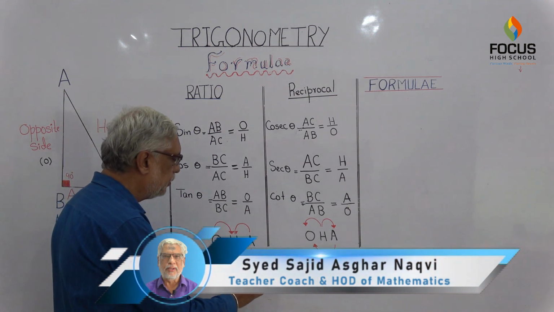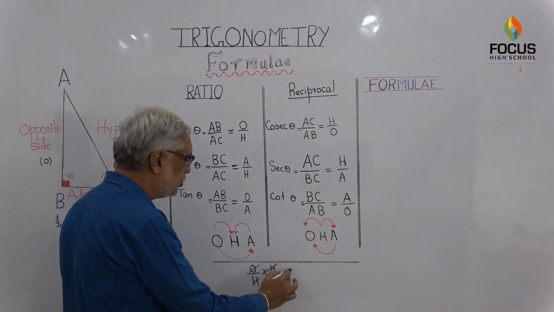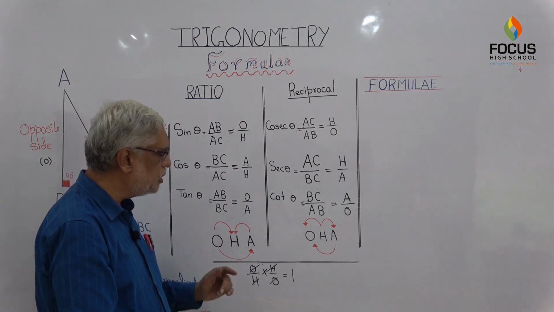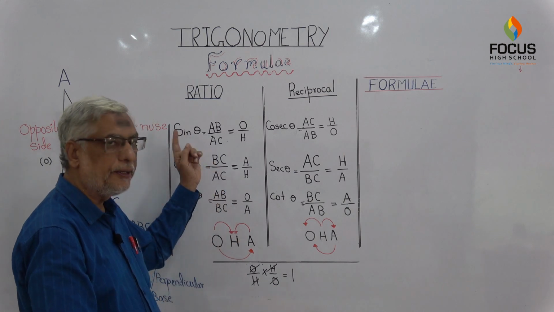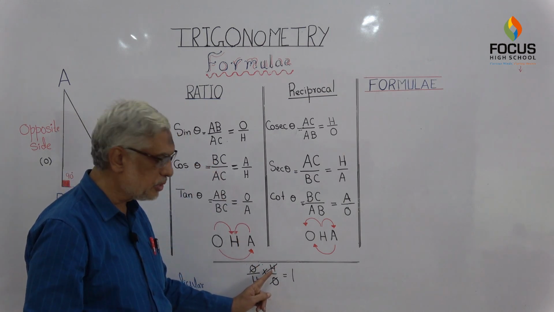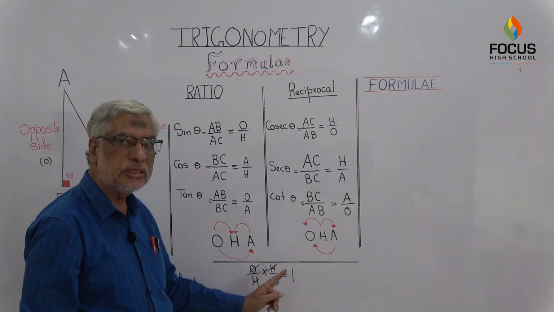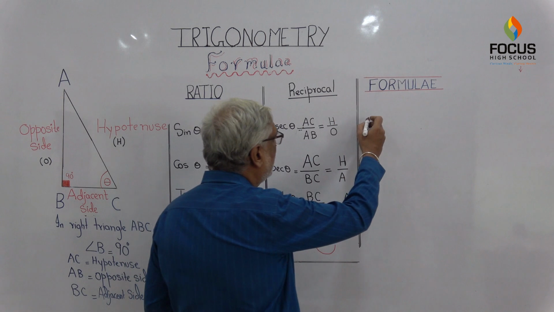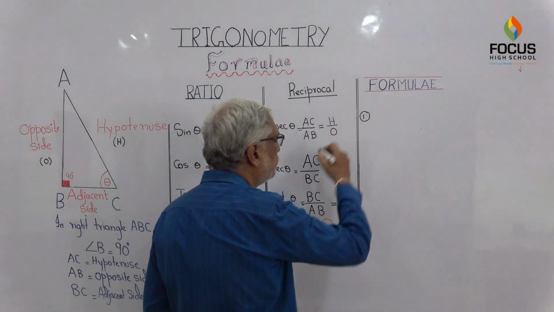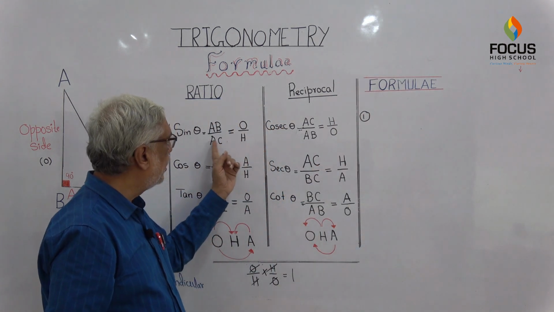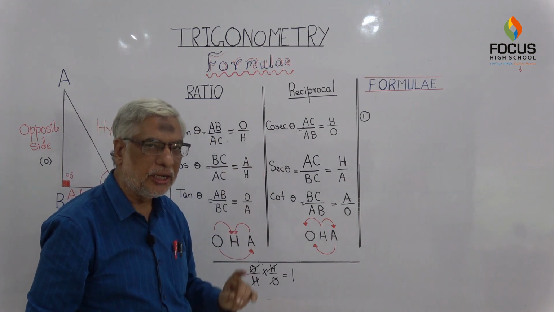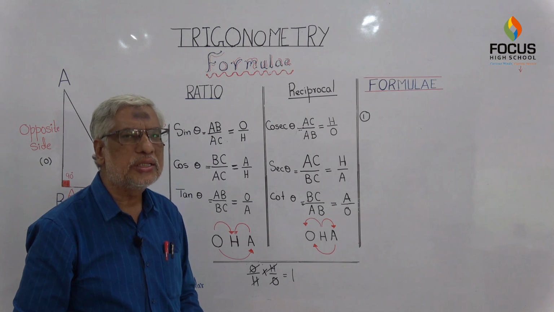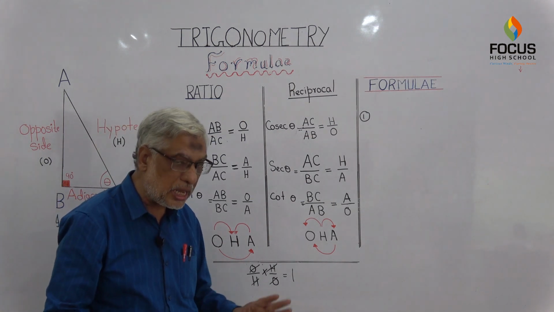The product will be opposite, opposite, hypotenuse, hypotenuse cancels, the answer is 1. Opposite upon hypotenuse is sine, and hypotenuse upon opposite is cosec. So, this is my first formula. Sin theta multiplied by cosec theta will be what? Will be 1.